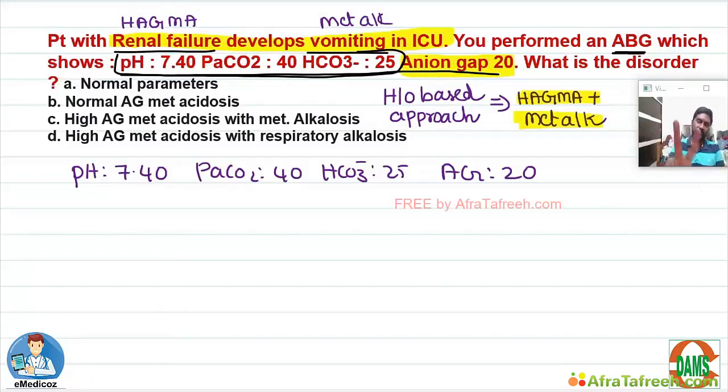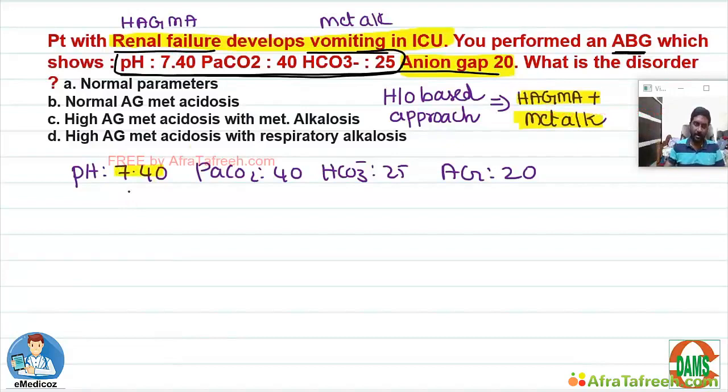Whenever there are two mutually opposite metabolic disorders, what can you expect in the pH? pH must have normalized. There is an acidosis, there is an alkalosis. Mutually opposite disorders can cancel each other, normalizing the pH. So because there were mutually opposite disorders, that might be the reason for normalizing the pH and the parameters.